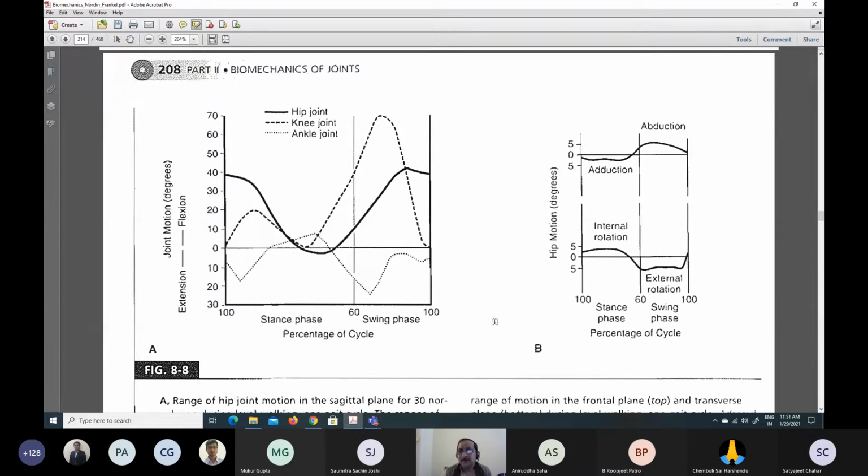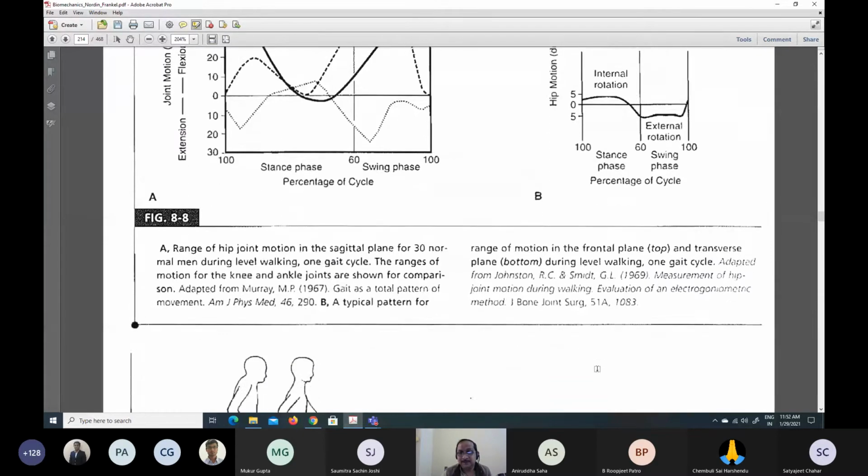For the other motions like abduction, adduction, and internal and external rotation, you can have these expressed against the percentage of the gait cycle.